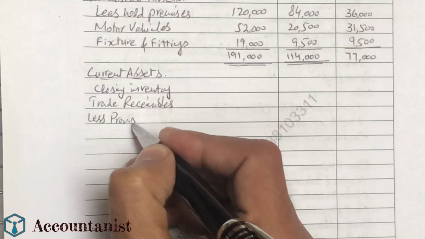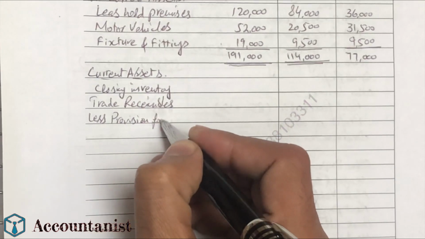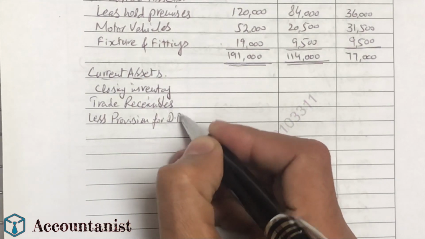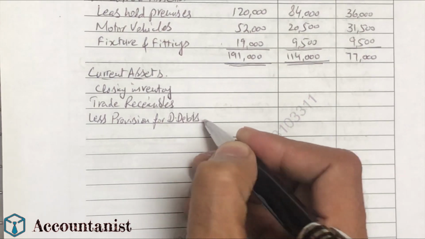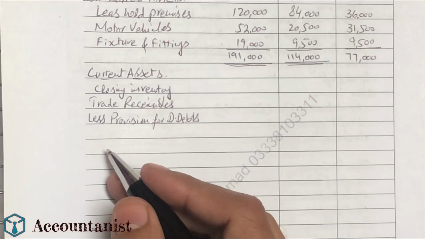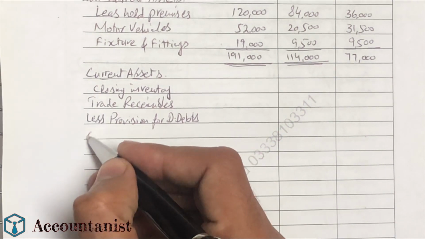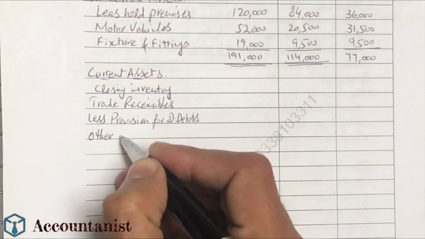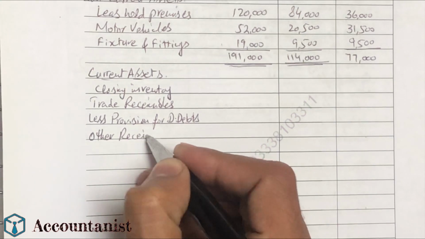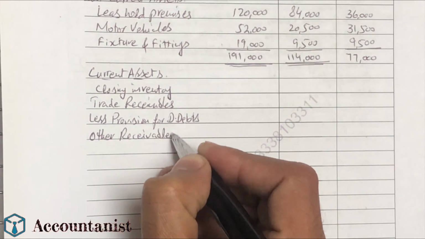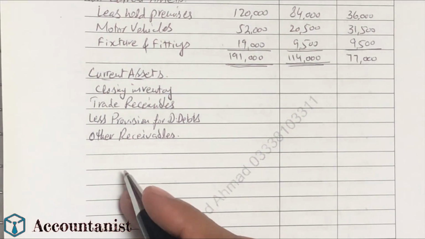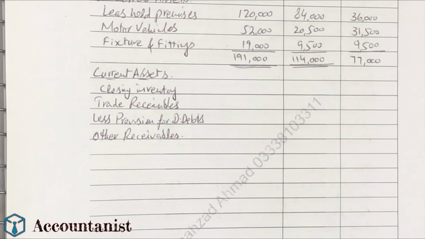So less provision for doubtful debts. So this will be the third thing, and if there are any other receivables that we need to mention here, and then there will be a cash or bank balance if we have any.